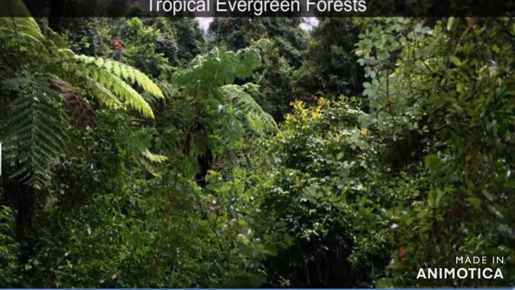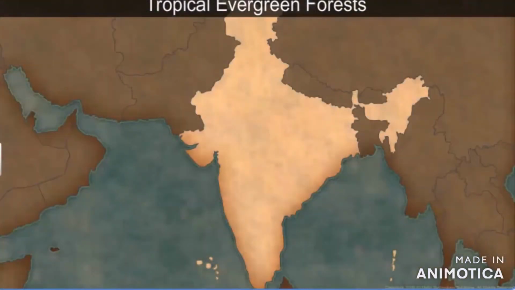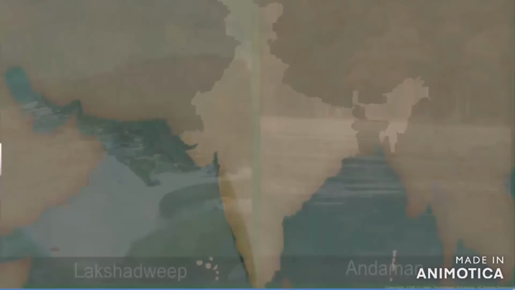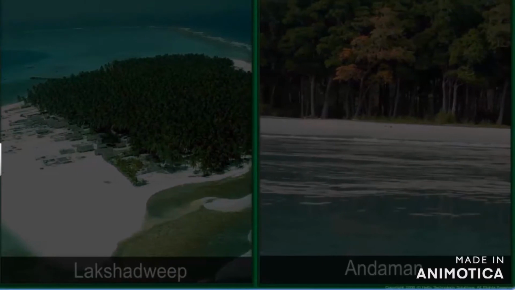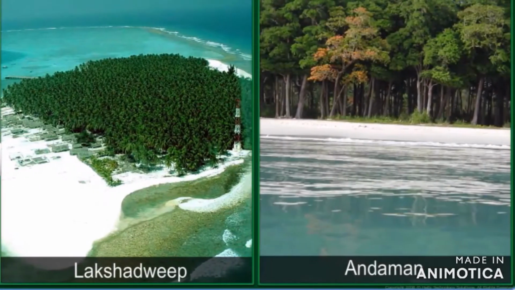For example, the forests along the western slopes of the Western Ghats can be classified as tropical evergreen forests. Other areas with evergreen forests are the archipelago of Lakshadweep Islands and the Andaman and Nicobar Islands.